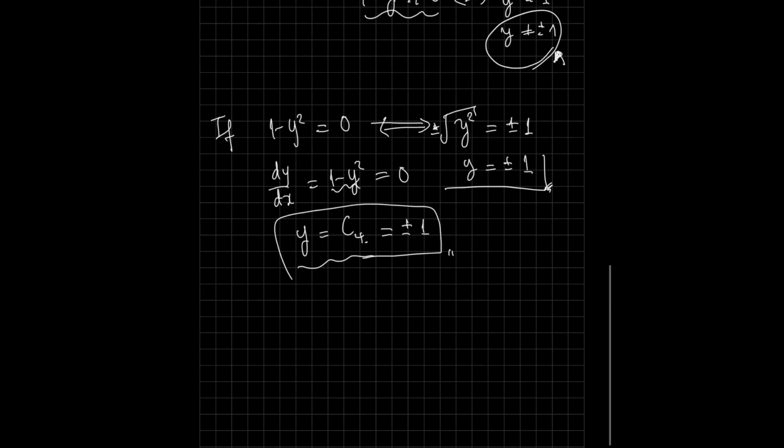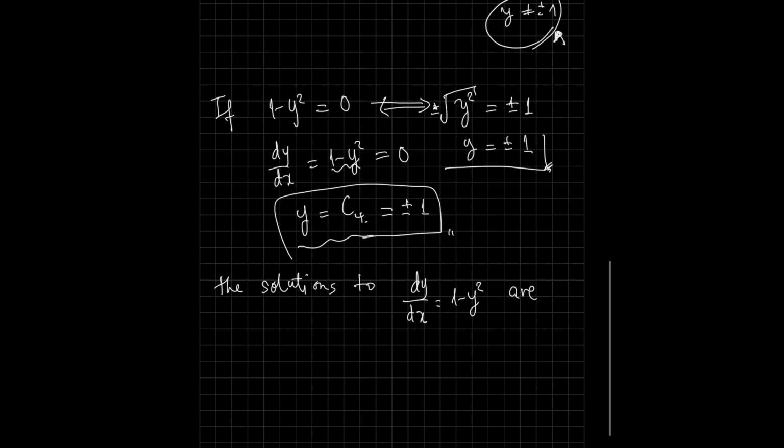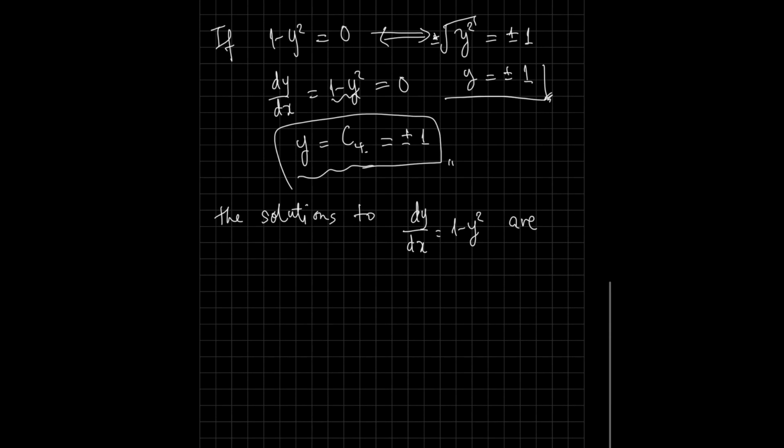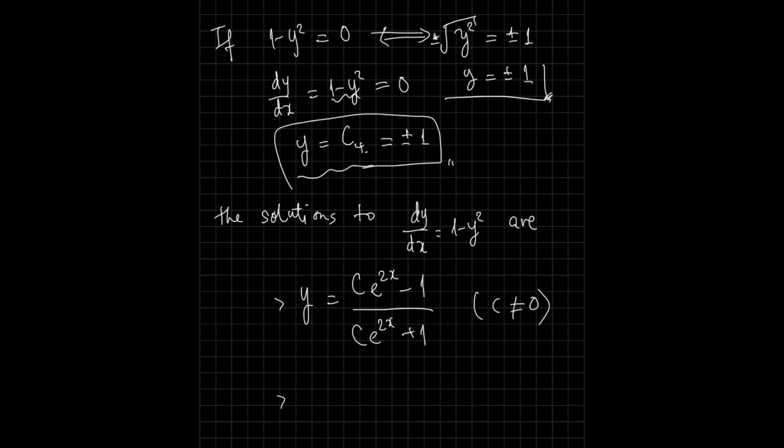So, to summarize, our solutions to the differential equation dy dx equals 1 minus y squared are, first we have what we obtained here, which is y equals (c e to the 2x minus 1) over (c e to the 2x plus 1), where c never equals 0.